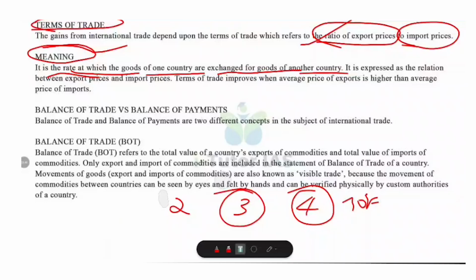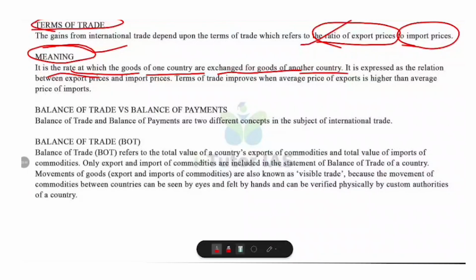Now what are the key points to remember here? Yes, when there is favorable TOT, when will it occur? It occurs when export prices rise faster than import prices and the country gains more from trade, increasing purchasing power.